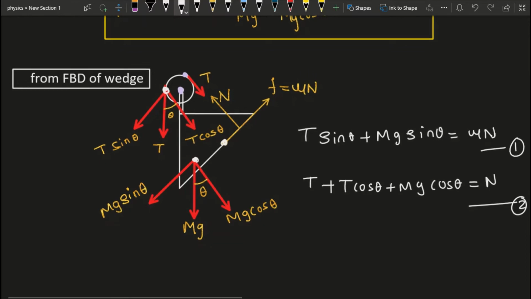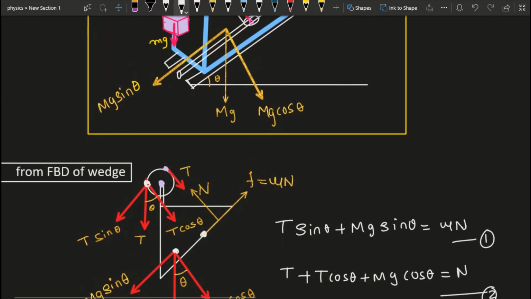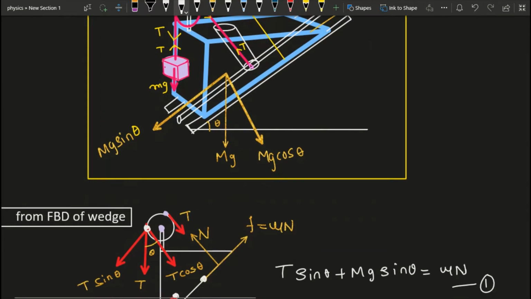So we have completed one segment of this problem. Now let us proceed to the next segment. We have to simplify in a proper manner. You see here the system is not moving. The system is not moving means, if you talk about the block of mass small m, the small m is also at rest. So we have to notice one important point.